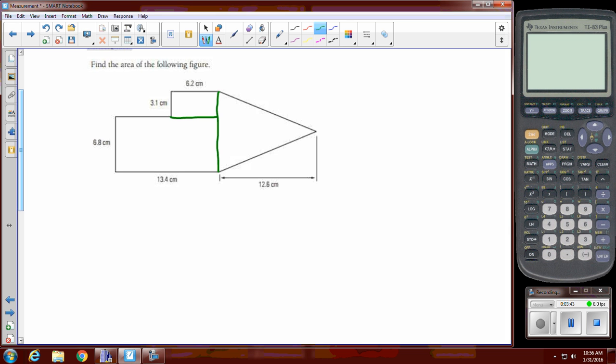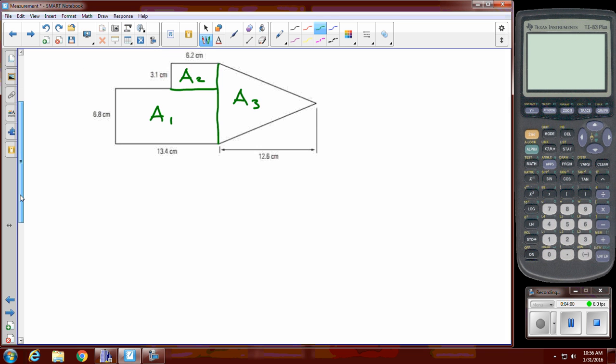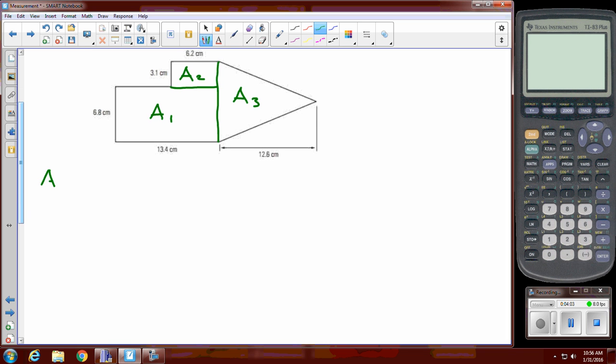So I can talk about this in terms of area 1, area 2, and area 3. And at the end, if I add up all of these areas, I'm going to have the area of the whole composite shape. My suggestion to a lot of people when we're doing this is, number one, clearly organize your work. And number two, maybe take out the pieces we're looking at.